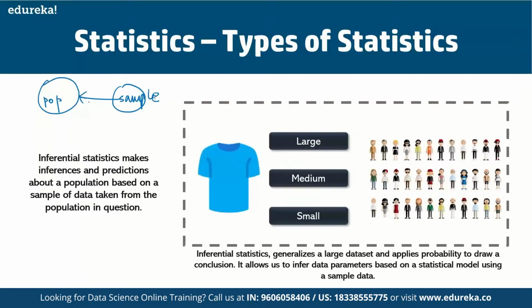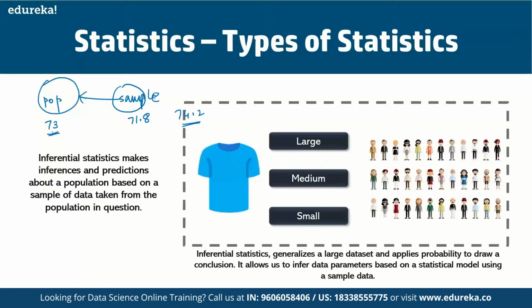Let's say the average age of people living in India is 73 years. Can my sample get me an age which is closer to 73? Maybe my sample will not give me 73. Let's say it says 71.8, or it can even say 74.2.